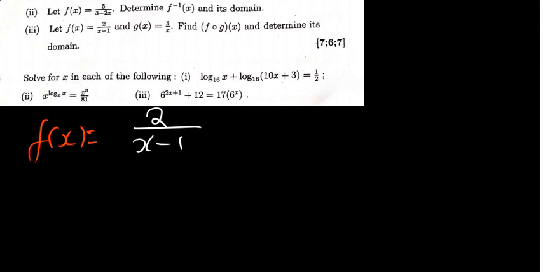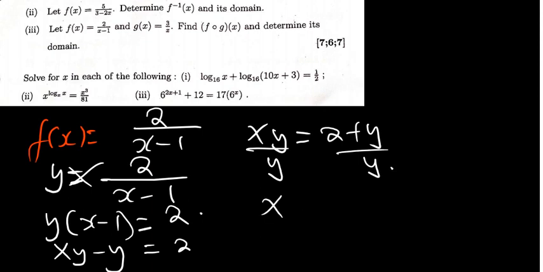Then they are saying that determine f inverse of x and its domain. So they want us to find the inverse of this function. After finding the inverse, we need to determine its domain.